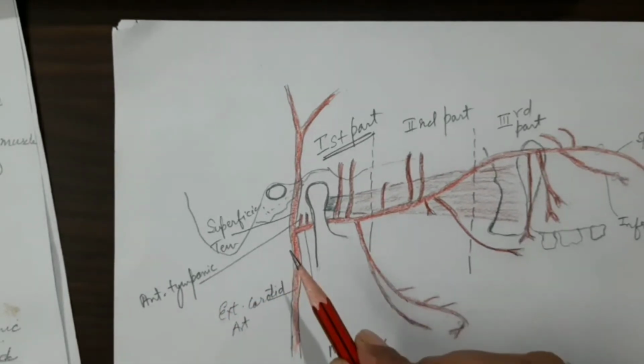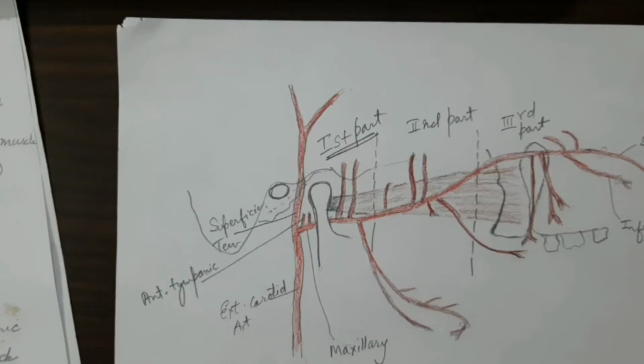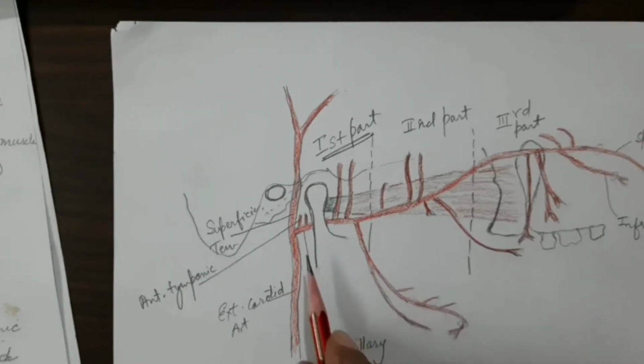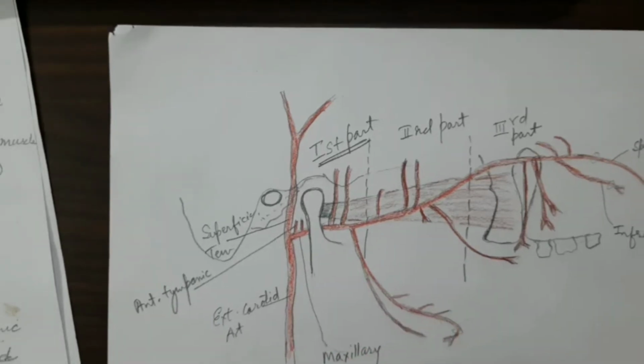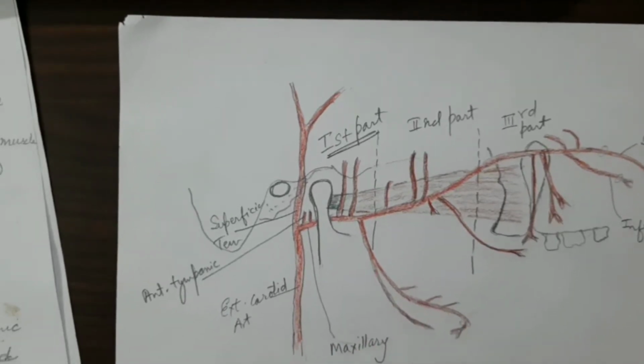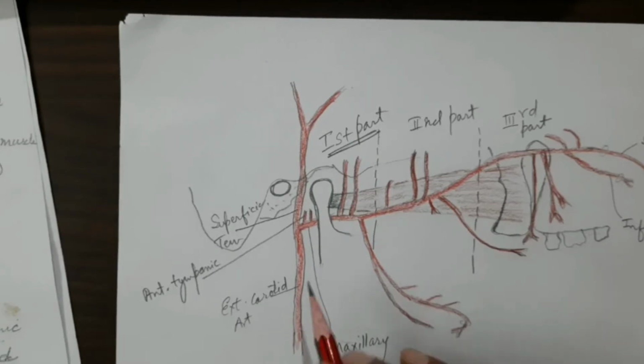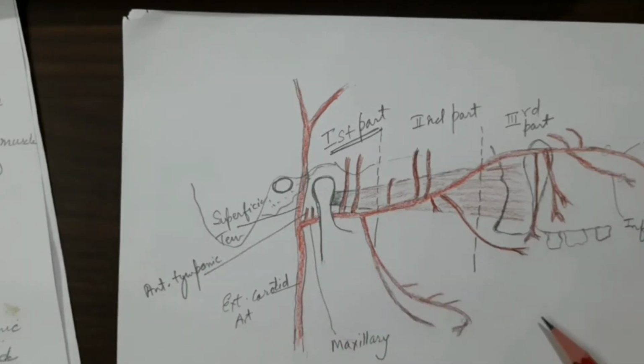And it passes through the pterygotympanic fissure. There is a fissure between the pterygotympanic fissure, and through this fissure it will go into the middle ear cavity.